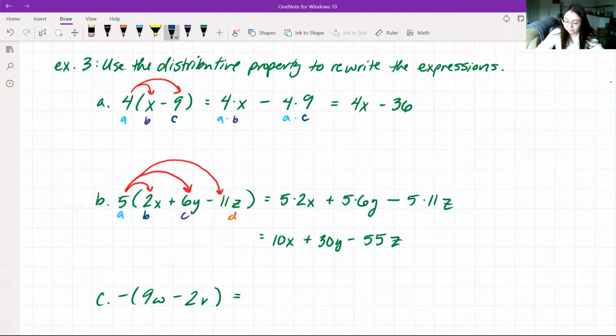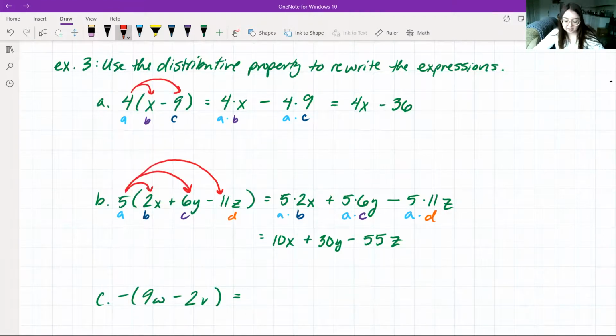We have A times B, then we have A times C, and then we finish off with A times D. So even if we have 3 terms, we still see the same pattern occurring.